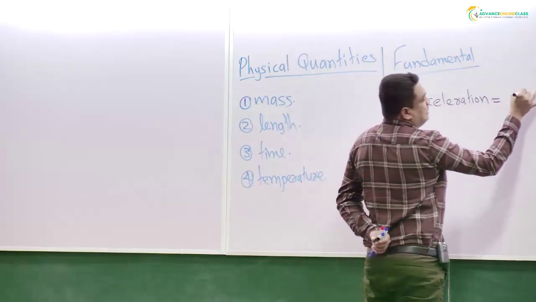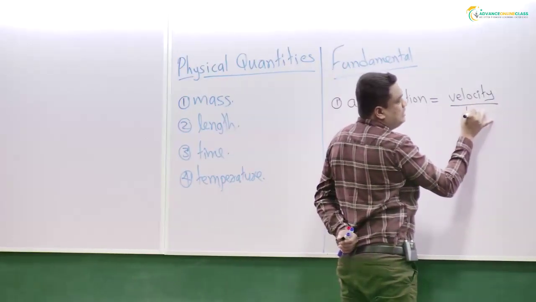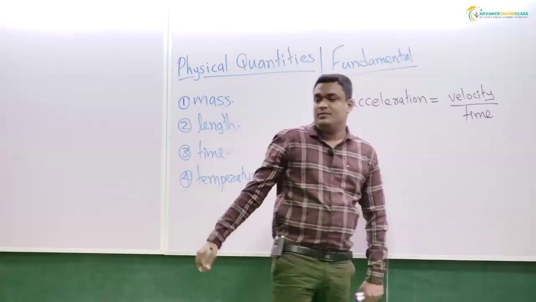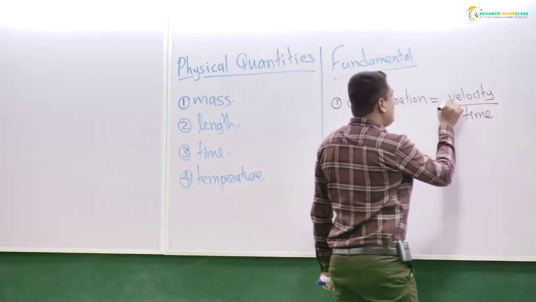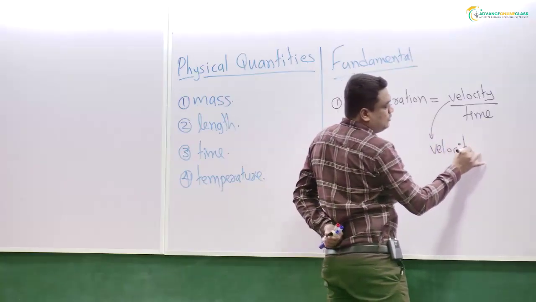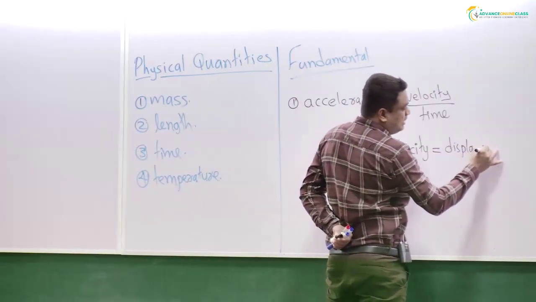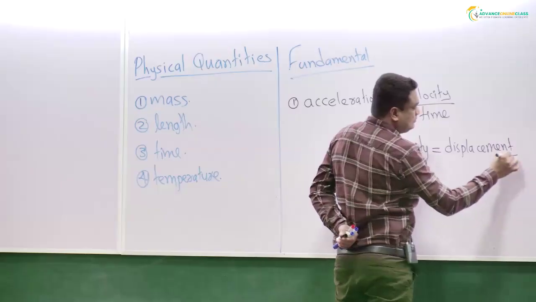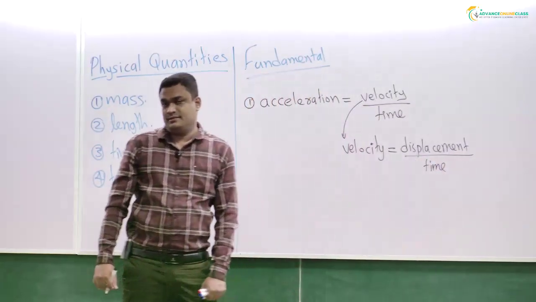Increase in velocity divided by time taken. Then I asked what velocity is. Velocity is displacement divided by time taken.